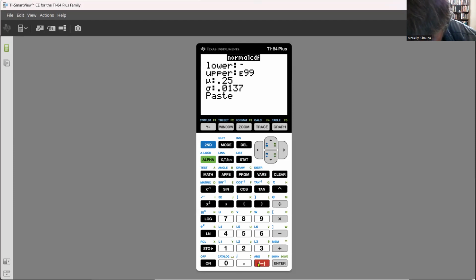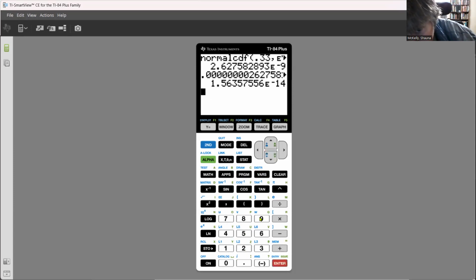Remember, you want your toggle minus your E, so second E, which is on top of the comma, 99. Your upper is 0.19, because it's your proportion. Your mean is 0.25, your standard error is 0.0137. You get an even smaller number. This is 1.56 E to the negative 14.